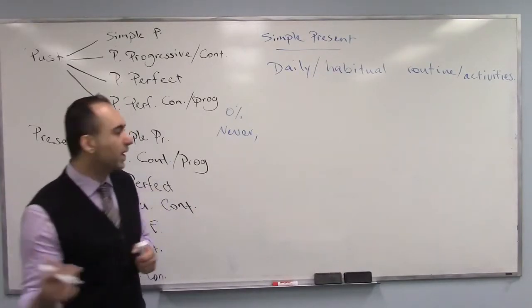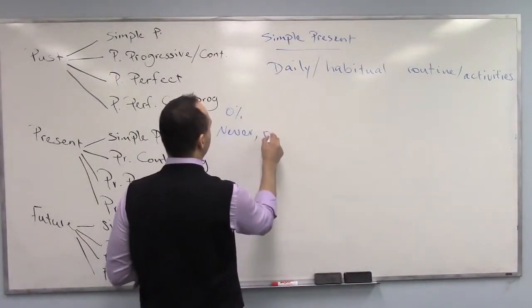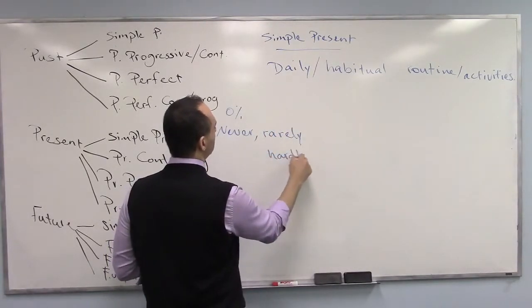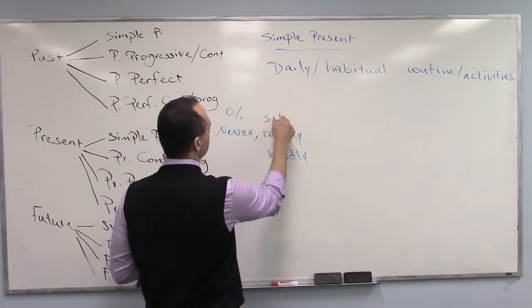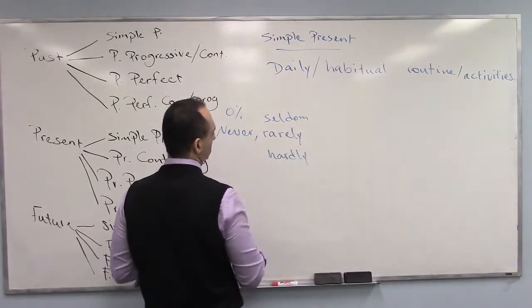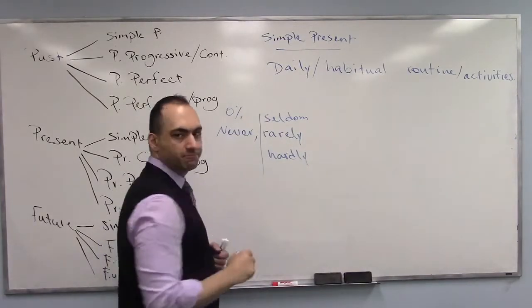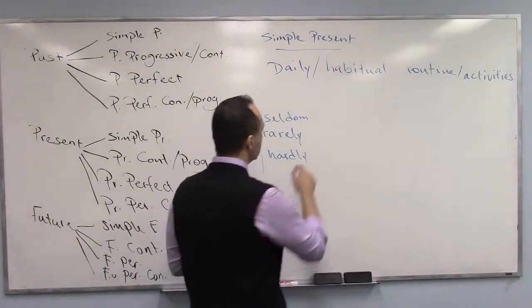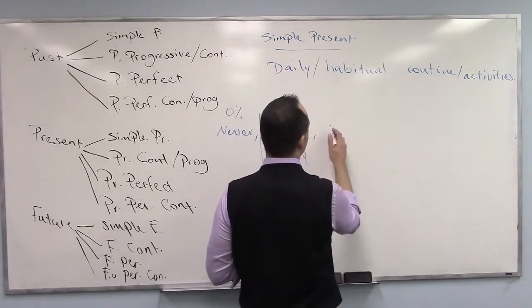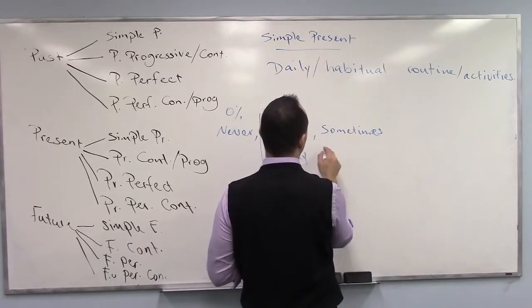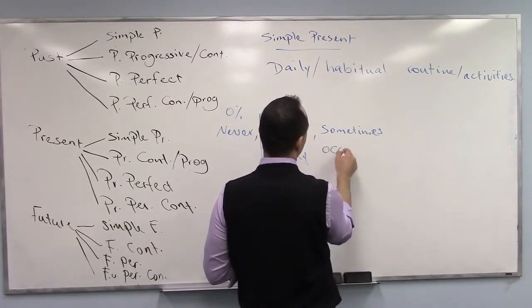So after never we have rarely. Yes? Hardly. Right? Seldom. After that we have sometimes or occasionally.